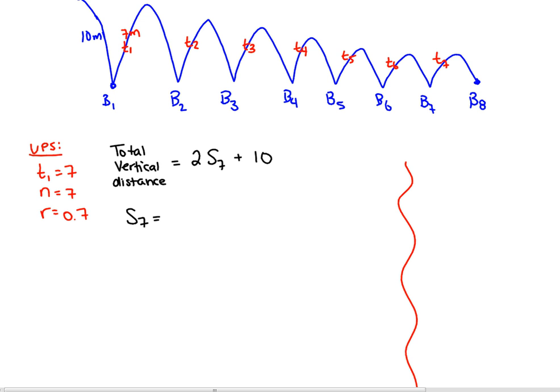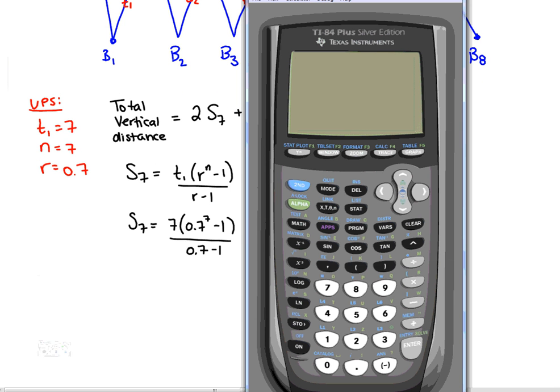We have to use which formula? We don't know our last term. That's 7 times 0.7 to the power of 7 minus 1 divided by 0.7 minus 1. Okay, you should have 21.4117, so forth.